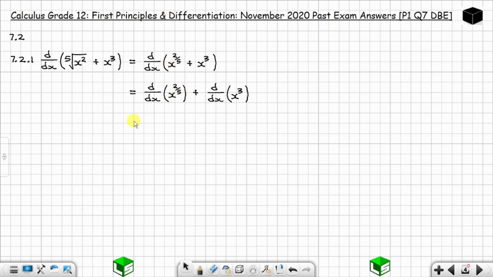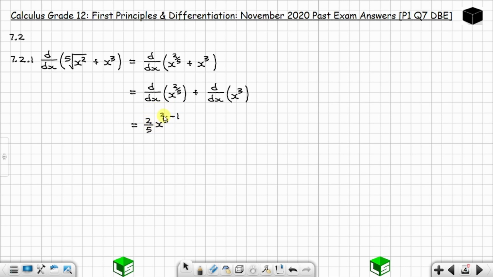Now when you carry on, remember, according to the rules of differentiation, what we have to do is to take the exponent. The exponent is 2 over 5. You multiply it by the coefficient. The coefficient is 1. There is an invisible 1 in front of x. So the coefficient is 1 and your exponent is 2 over 5. So 2 over 5 times 1 will give you 2 over 5. And then x to the power of that exponent, you subtract 1 from that exponent. So it will be to the power of 2 over 5 minus 1. You can see the exponent, you subtract 1.